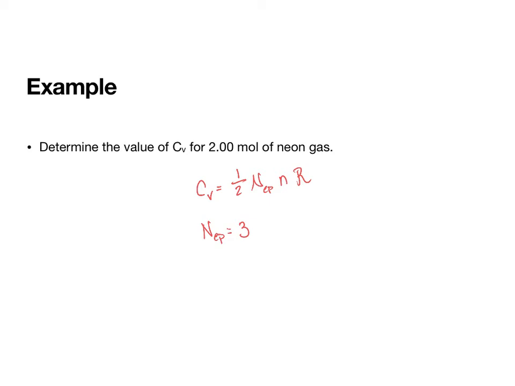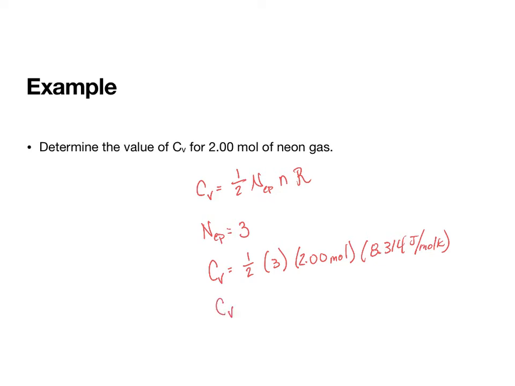Not always the case, but for the most part. So CV is going to be equal to 1/2 times 3 times our 2 moles times R, 8.314 joules per mole Kelvin.